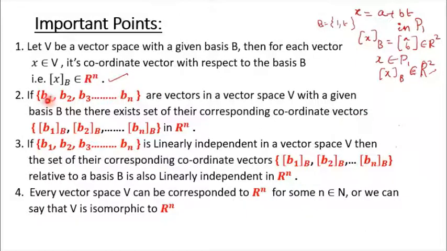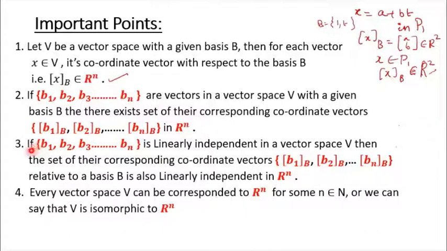So if b1 is a vector, its corresponding coordinate vector is the coordinate vector of b1 with respect to B, then the coordinate vector of b2 with respect to B, and so on, the coordinate vector of bn with respect to B. This set will be in Rn, as each coordinate vector is in Rn.